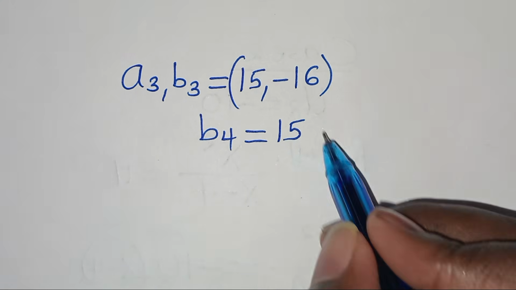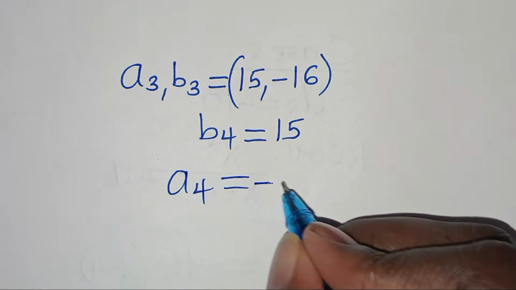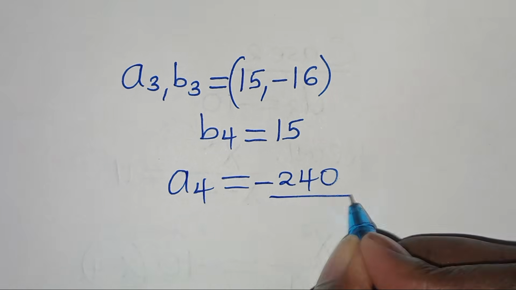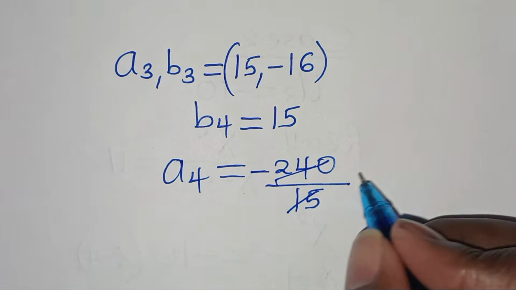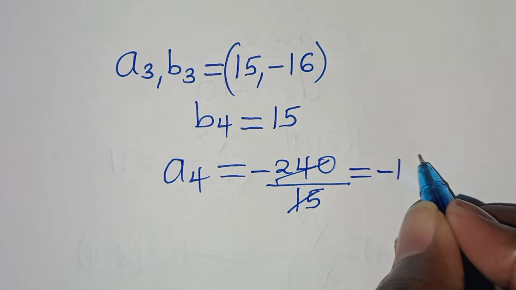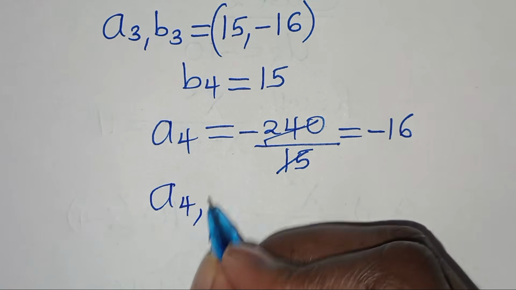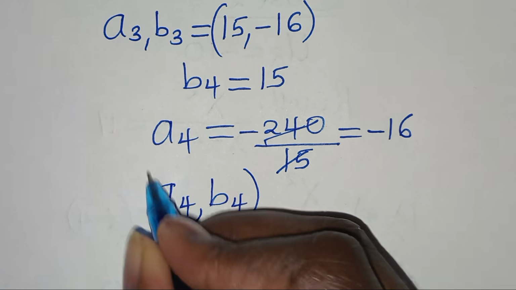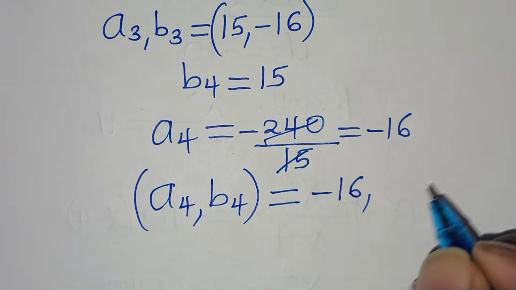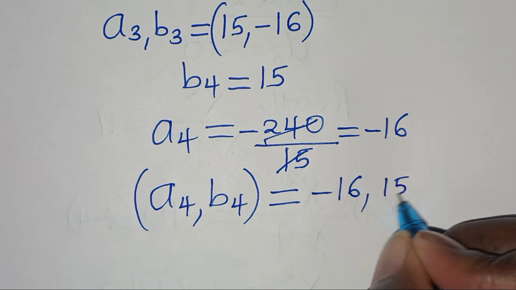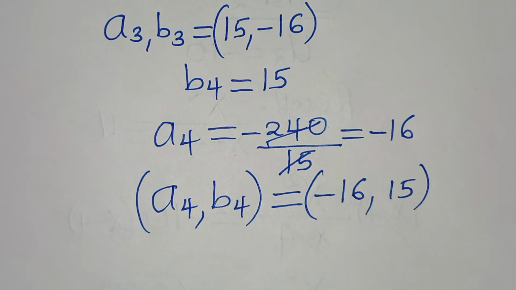Now given b4 is 15, we can solve for a4, which is equal to minus 240 divided by b4, which is 15. Now if we simplify here, we have a4 as minus 16. So we have a4, comma b4 equal to minus 16, comma 15. This is the fourth set of solution we have for this algebra problem.